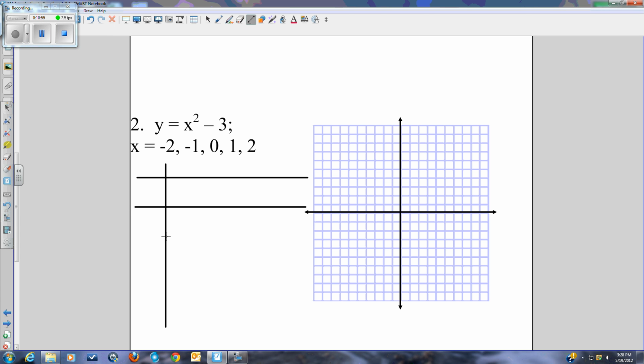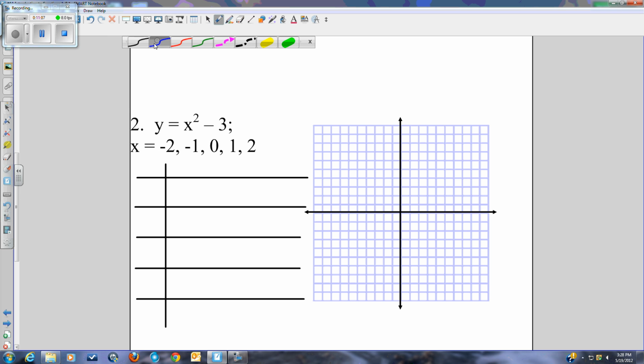So we're going to make a table just like before. And we're going to plug our numbers in. Y is x squared minus 3. So we have -2, -1, 0, 1, and 2.